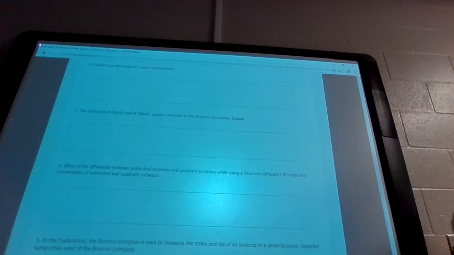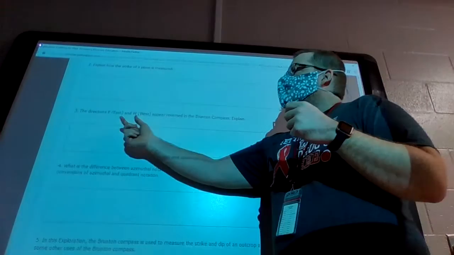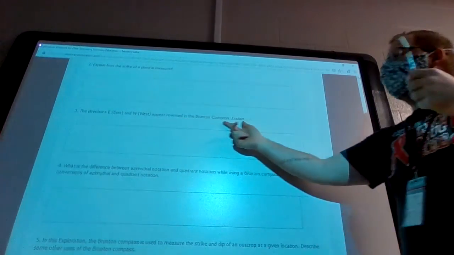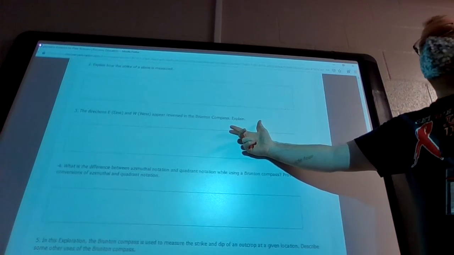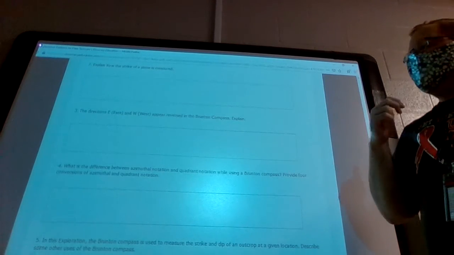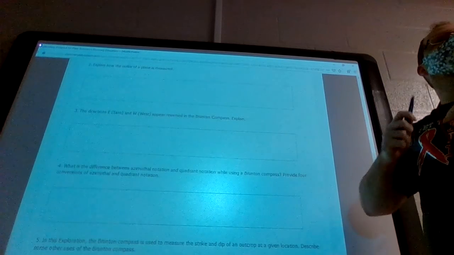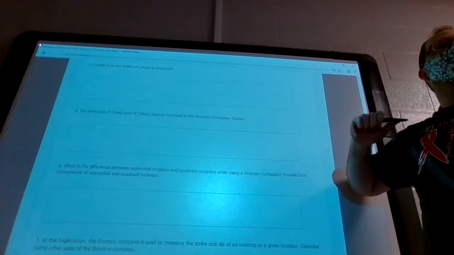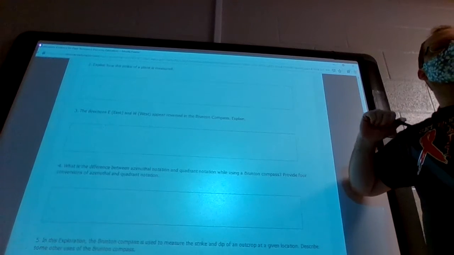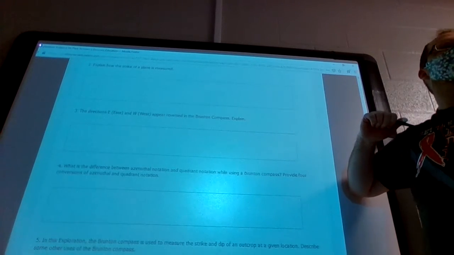Number 3, the directions east and west appear reversed on the Brunton compass. Explain. They are reversed on the Brunton compass, and the reason is because the Brunton compass isn't designed to tell me what direction I'm facing. It's designed to tell me what direction the rock is facing.